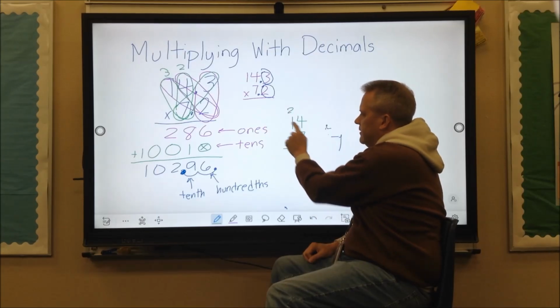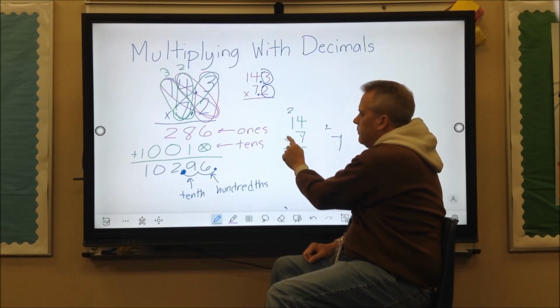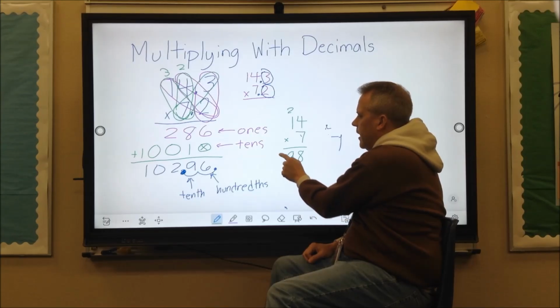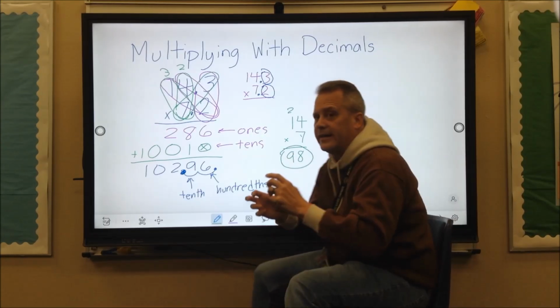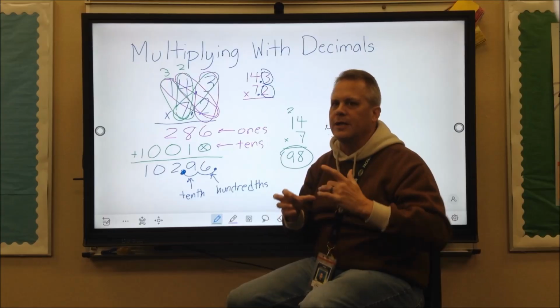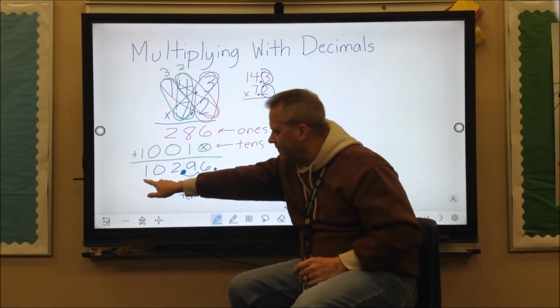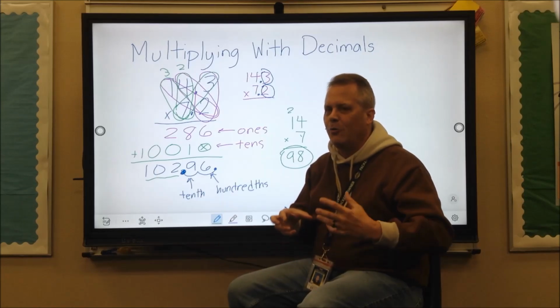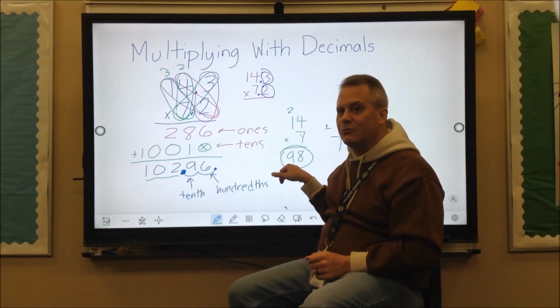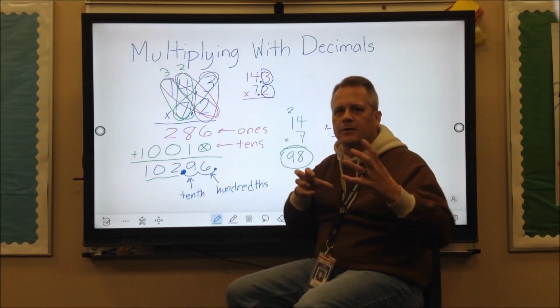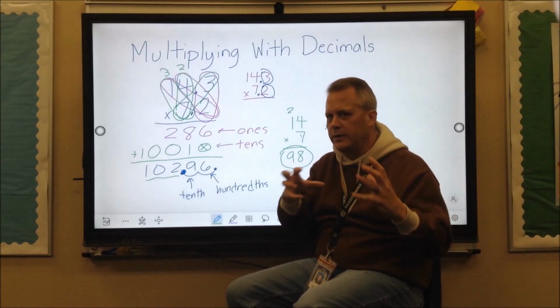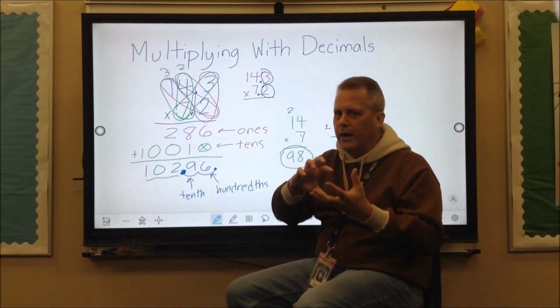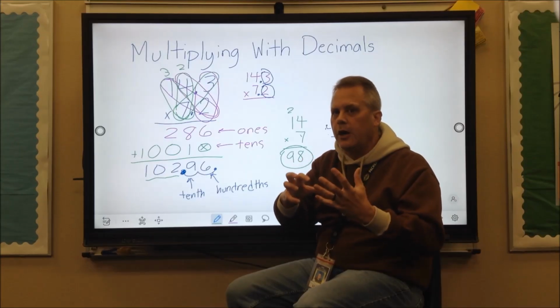Carry the 2. 7 times 1 is 7. Plus 2 is 9. I'm going to get an answer that is fairly close to 98. And if I look at my answer, 102 is actually really close to 98. So that's going to give us a really good idea of where our decimals should go.